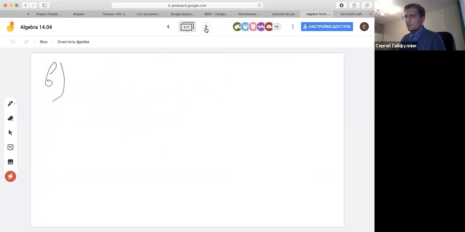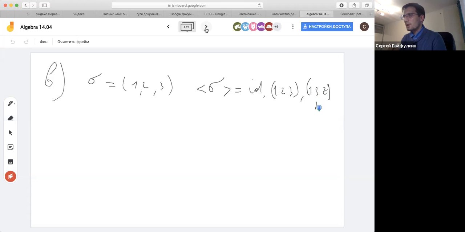So here sigma equals (1 2 3), and the cyclic group generated by sigma equals identity, (1 2 3) and (1 3 2), which is equal to sigma squared.